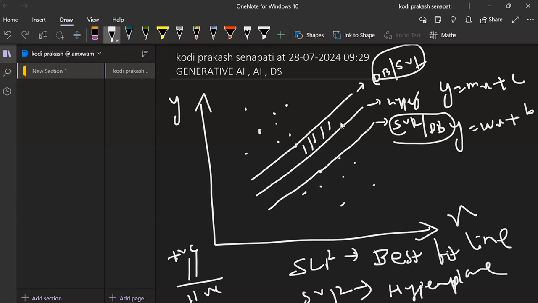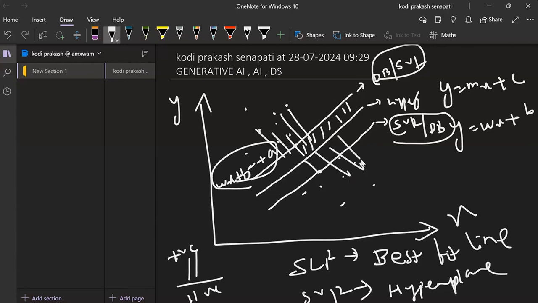Now, if this distance is positive, can I say Wx plus B is equal to positive A or not? That means all these distances are positive, guys. So my equation is Wx plus B equals positive A. If this distance is negative, what would be my equation?